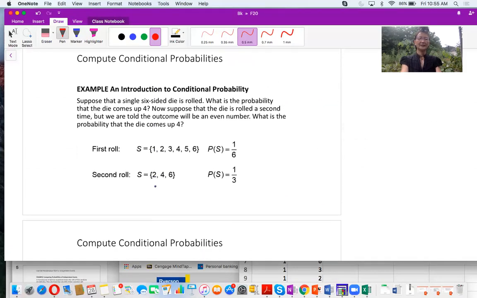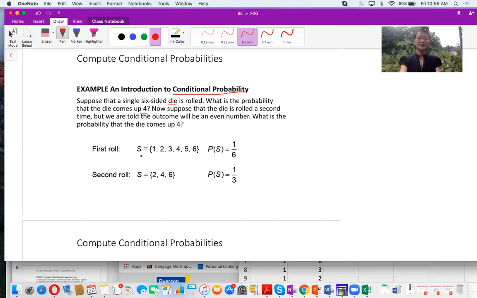So now let's compute this example. Conditional probability. Suppose that a single six-sided die is rolled. What is the probability that the die comes up 4? This is the question. I threw a die and I see number 4.